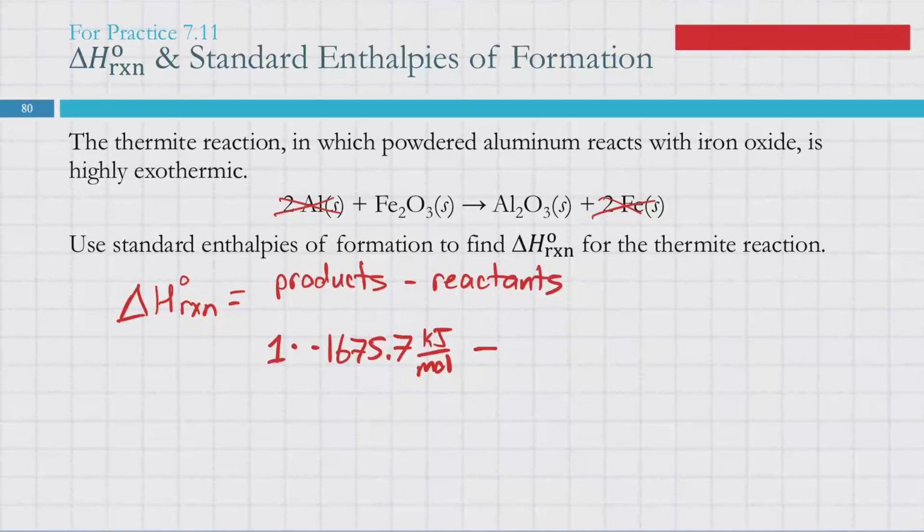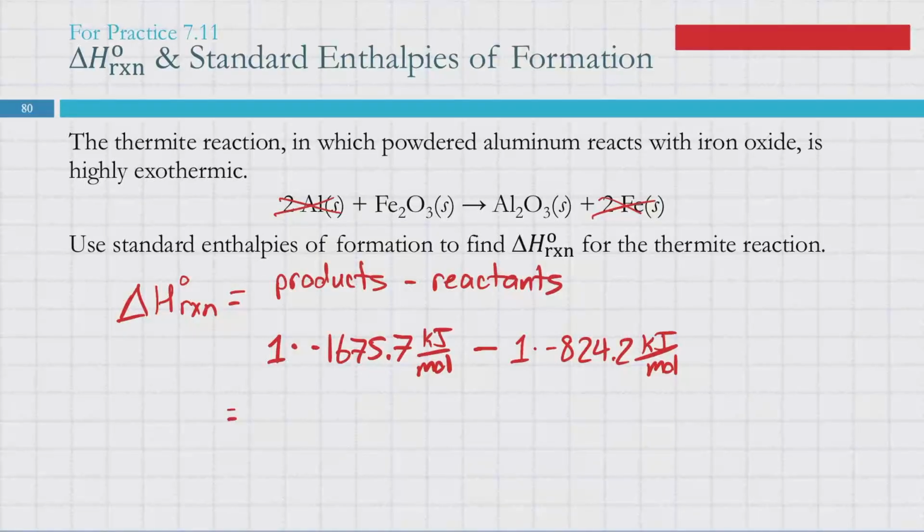And then we're going to subtract from that the value for our reactant, which is the Fe2O3, our iron 3 oxide. It's also got a coefficient of 1, and its value is negative 824.2 kilojoules per mole.